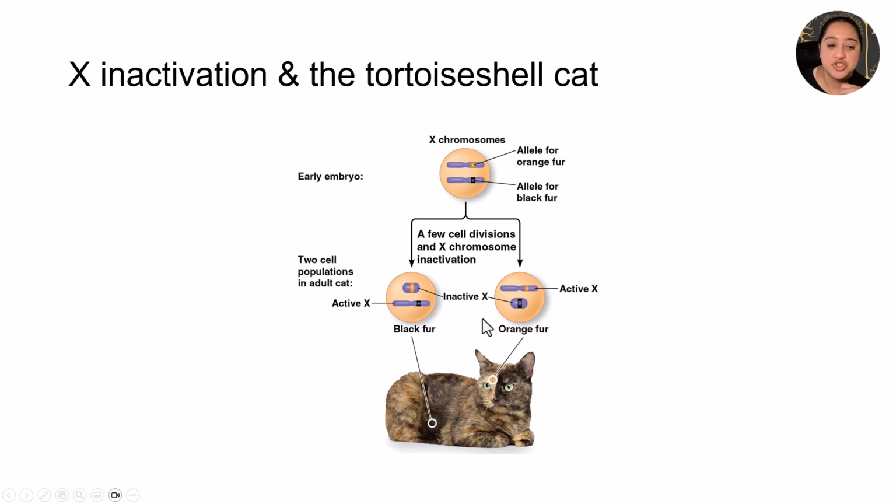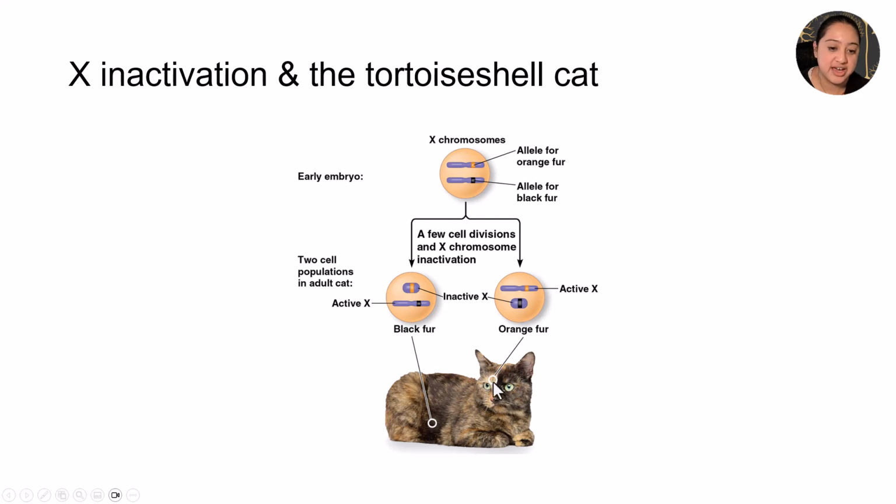And so during development, a few of the cell divisions end up turning off one gene and expressing the other one. So in this case, it's inactivating the gene that had the orange fur and only expressing the one that had the black fur in some cells. And then in other cells, it's the opposite. So this is the active X with the orange fur, and then the inactivated one was the one with the black fur.